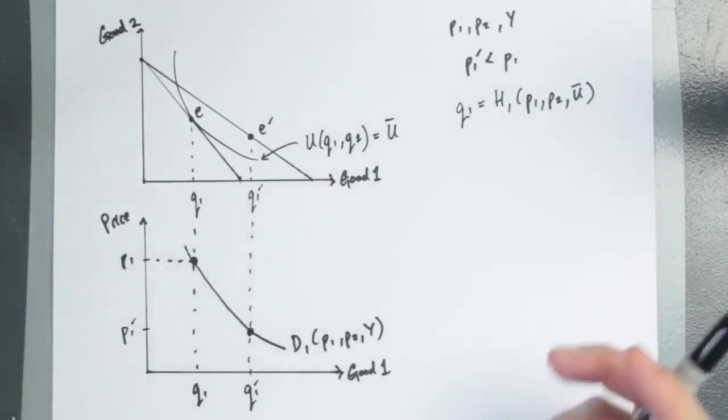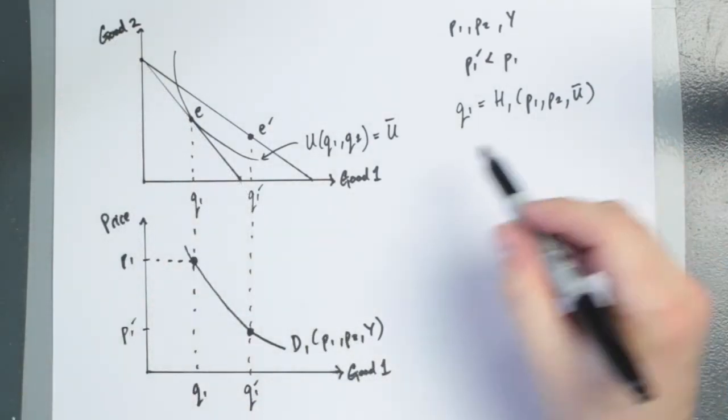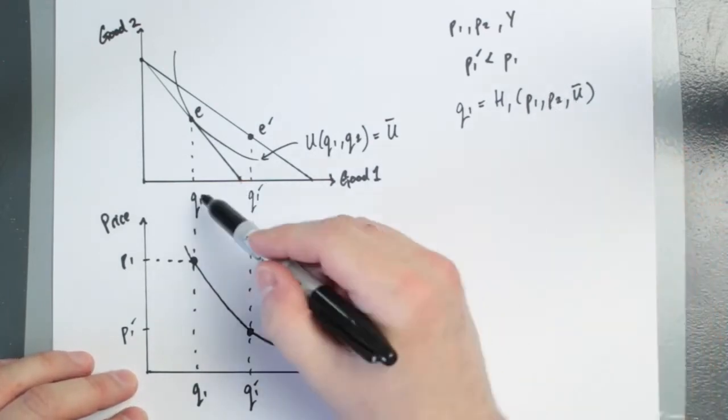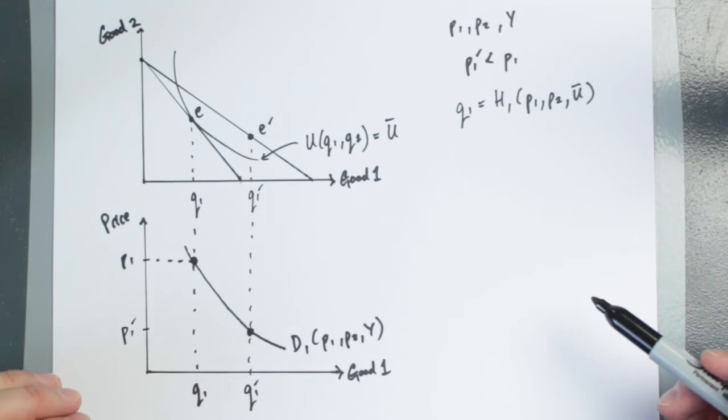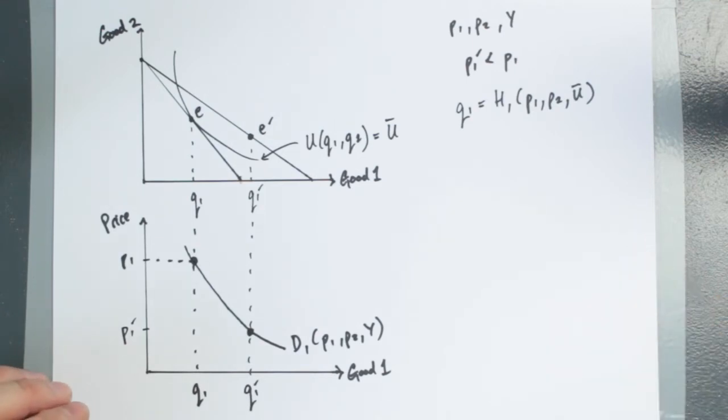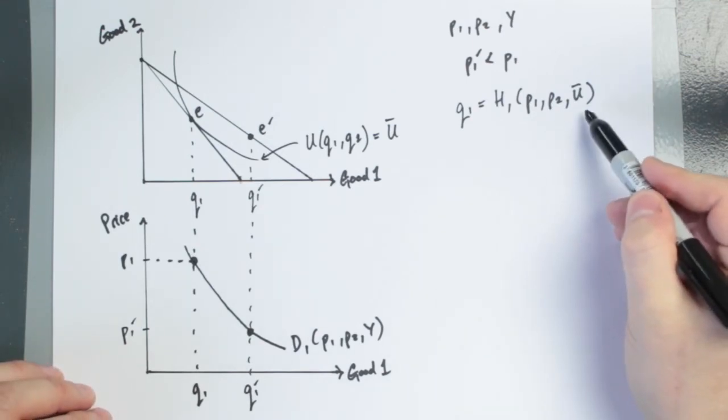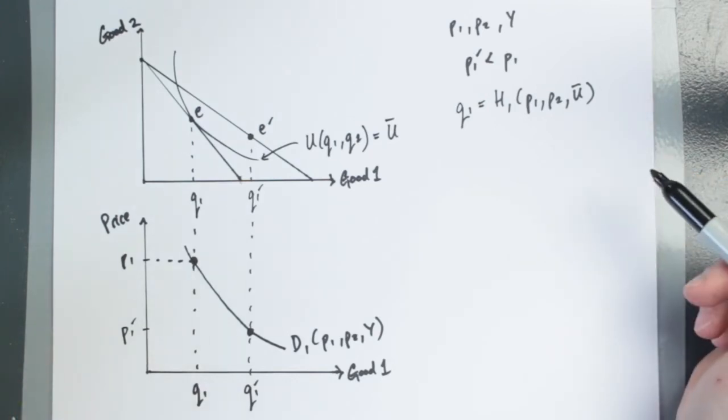And this, of course, happens at the same point. Okay, so at this point, Q1, this is also part of my Hicksian demand function for those 2 price levels and that target level of utility.